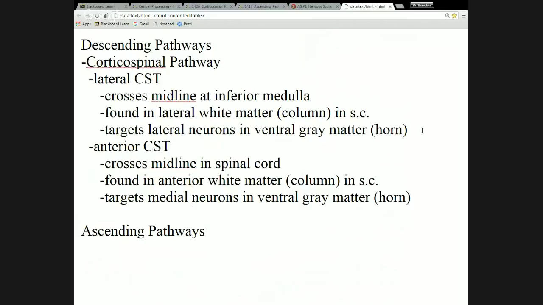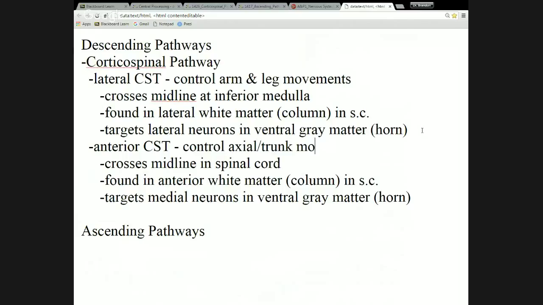So really, the lateral corticospinal tract could be said to control arms and legs. And the anterior corticospinal tract controls axial or trunk movements.